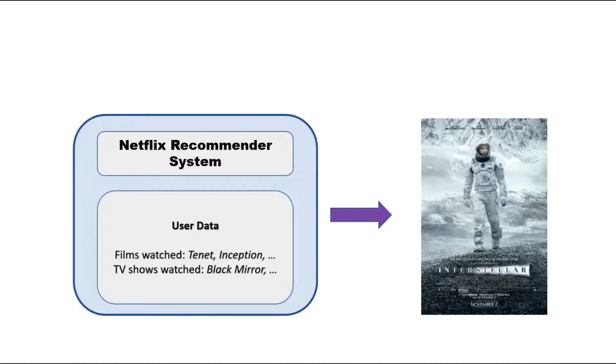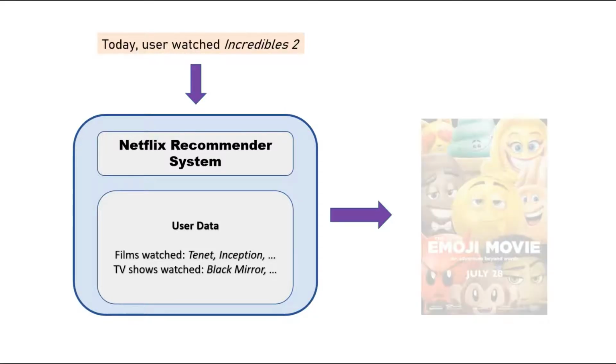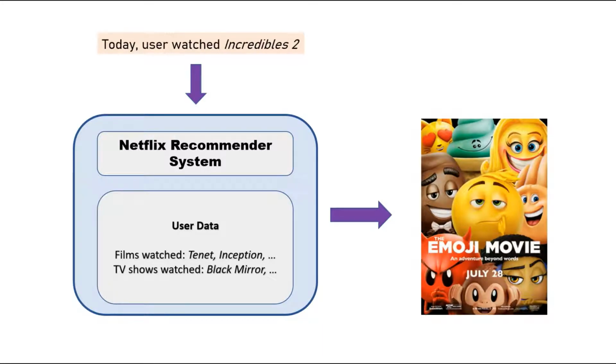and Black Mirror. However, the user may watch more movies as time passes, such as, let's say, this user decides to watch Incredibles 2. Now, the recommender system must be able to adapt to incorporate the new information, as well as accounting for the old information.